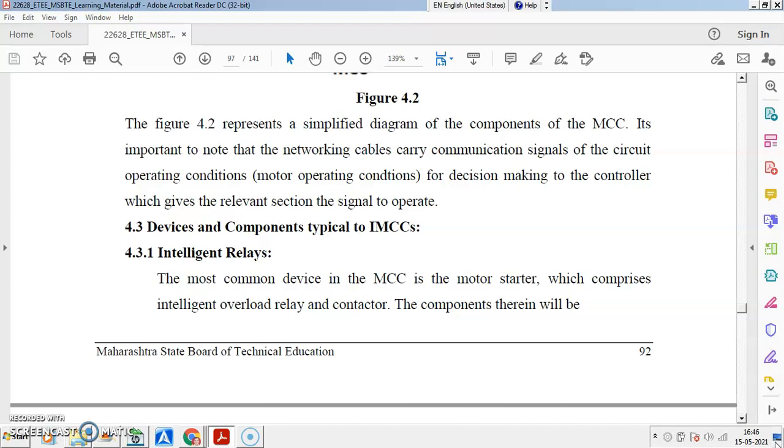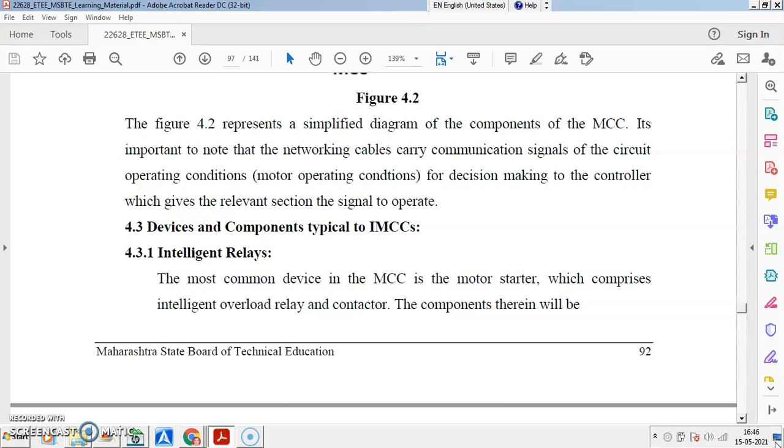You can program the settings, which is not possible in electromechanical relays. So these relays are called intelligent relays. Intelligent itself, the word meaning, you know. So that intelligence is incorporated in the relaying system via software, logics, programs. So the relay becomes intelligent.